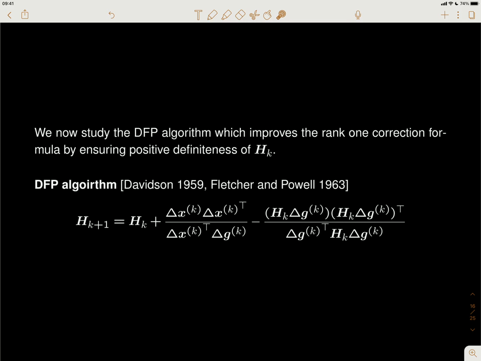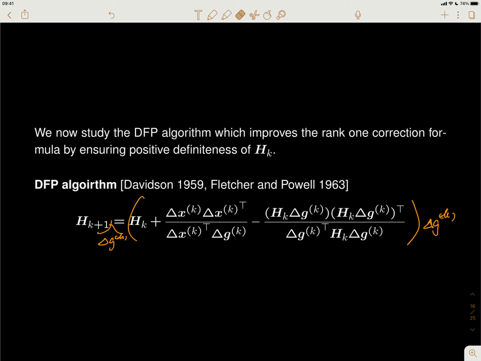We can directly show this, H_{k+1} times delta g_k equals delta x_k, by just directly multiplying this side by delta g_k. I need to multiply this whole thing by delta g_k, and let's see what happens.